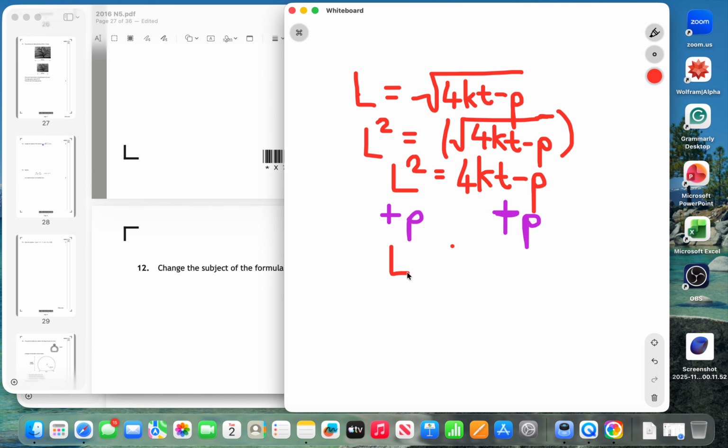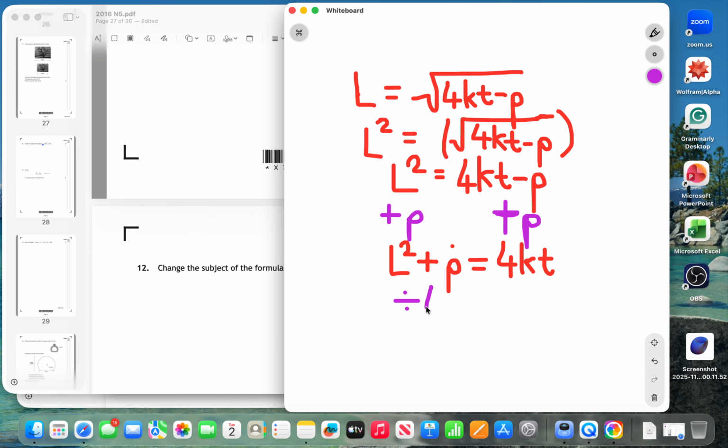So L squared plus p equals 4kt, and the minus p and the plus p by default cancel out, so that's 4kt. Now this means 4 times k times t, so if I divide by 4, I will write down exactly what I'm doing.